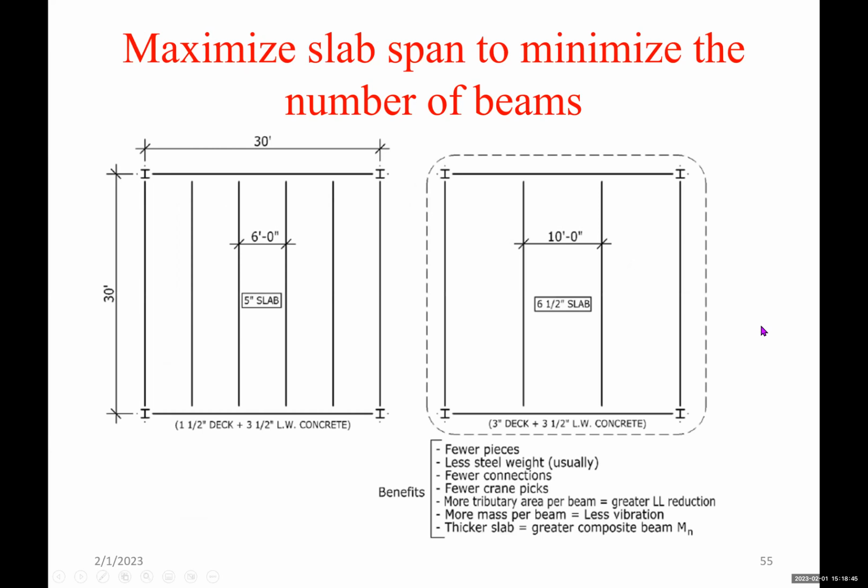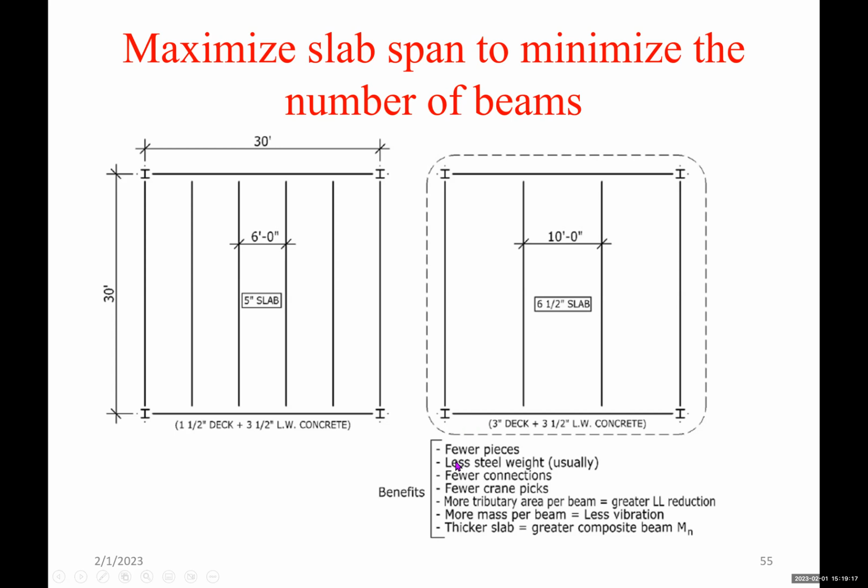Okay, maximize slab span to minimize number of beams. See here, again, same slab. We chose the spacing to be 6 feet. You have a 5-inch slab for 6 feet spacing, so the 5 inches is okay for the 6 feet. Now if you increase that to 10 feet, probably you need a thicker slab, but you can minimize the number of beams required.